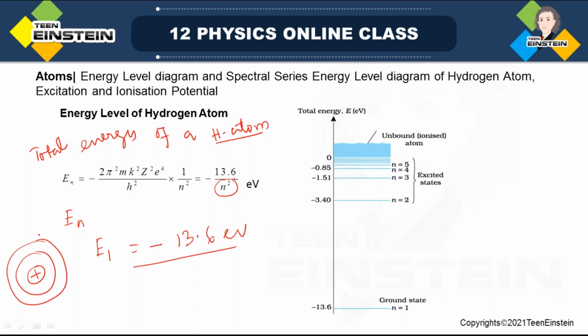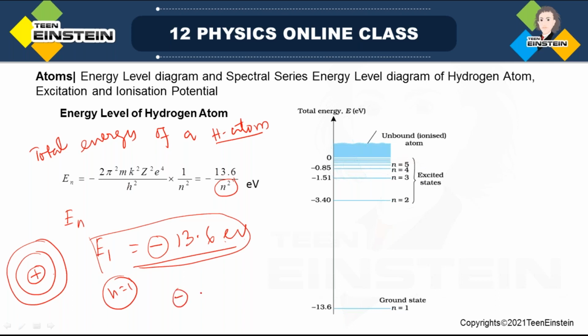Each orbit has a specific energy. So E1 denotes that the n is equal to 1 level has this much energy, minus 13.6. And with the minus sign, what is the significance of this minus sign?